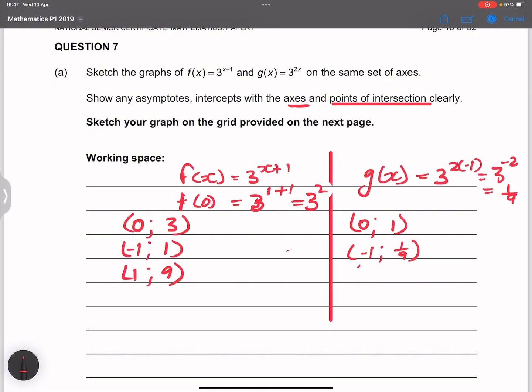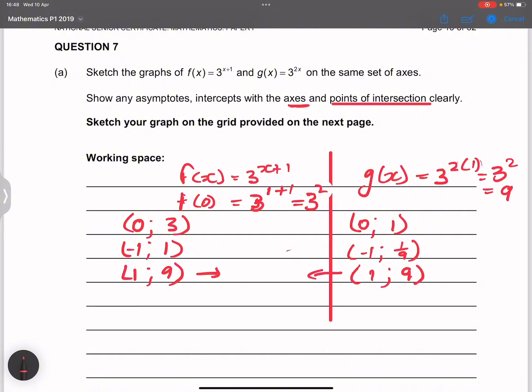And let's see, when we have positive 1, if we make x positive 1, that gives us 3 squared, which is equal to 9. Oh, and look at this. We've got this point here. So this must be the point of intersection between the two graphs.